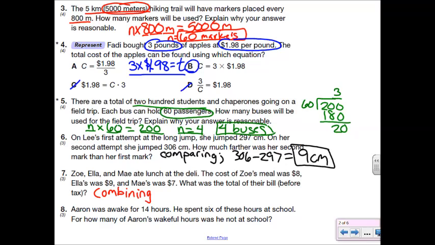And when we're combining, we take some plus more, and in this case, plus more still, and that gives us the total. So we have some, Zoe's meal, plus more, Ella's meal, plus more, May's meal. So 8 plus 9 is 17, plus 7 is $24.